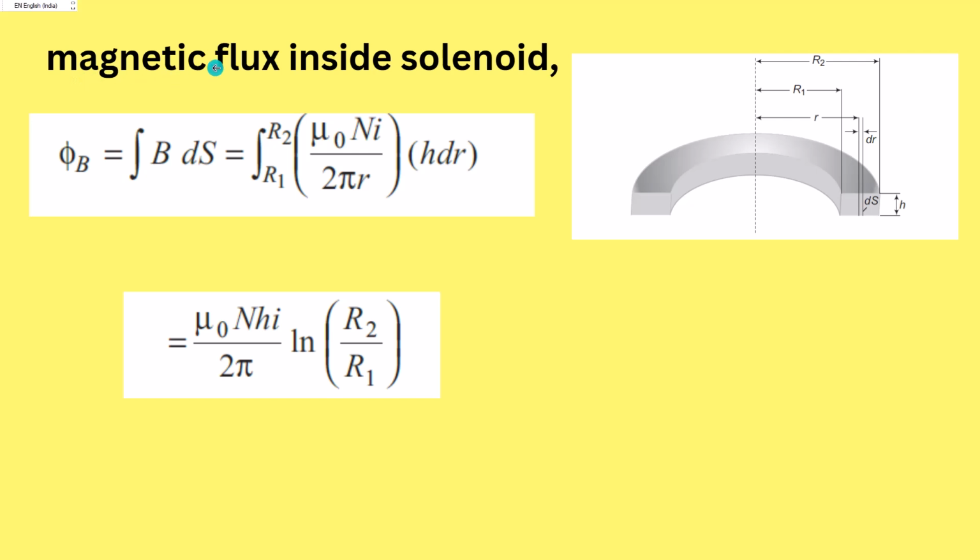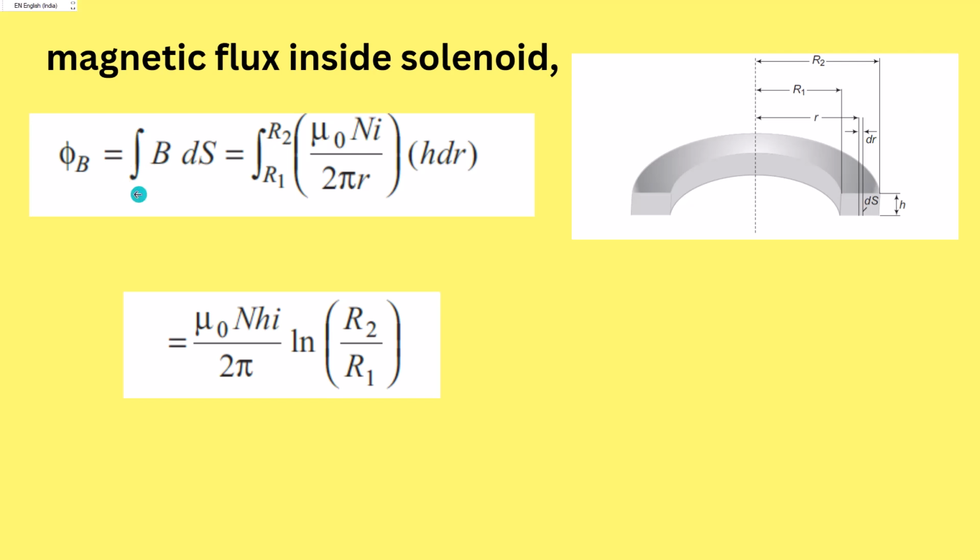Now, the magnetic flux inside the solenoid. What is the magnetic flux inside this solenoid? It is phi B equals the integration of B dS. Now dS is this elementary surface area, and B dS is the flux through this elementary surface area.